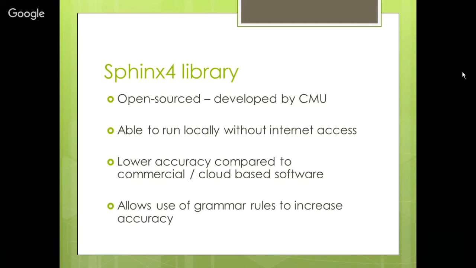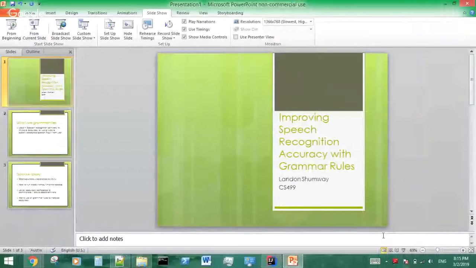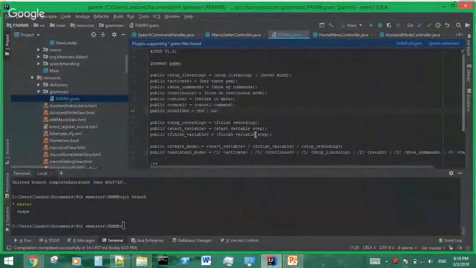So for my project, as I've been studying how to increase accuracy, I've learned about grammar rules. This is the grammar file I'm using for the project. I'm using a particular format called Java Speech Grammar Format. There are many different formats depending on the software or library you're using.